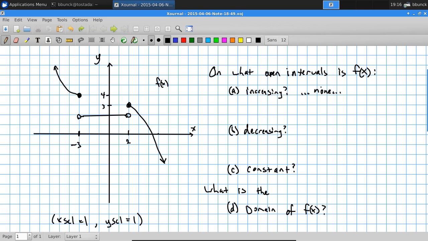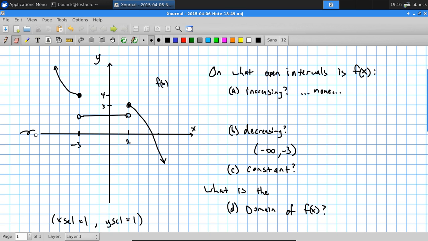Based on what I see here, from the far left side on the x-axis, when x is negative infinity, the graph continues to move far to the left. We can see that based on that arrow on the left side. So it looks like from the very far left, as I move to the right, the graph is decreasing. And it stops decreasing when x is negative 3. So the first interval of decrease is from negative infinity to negative 3.